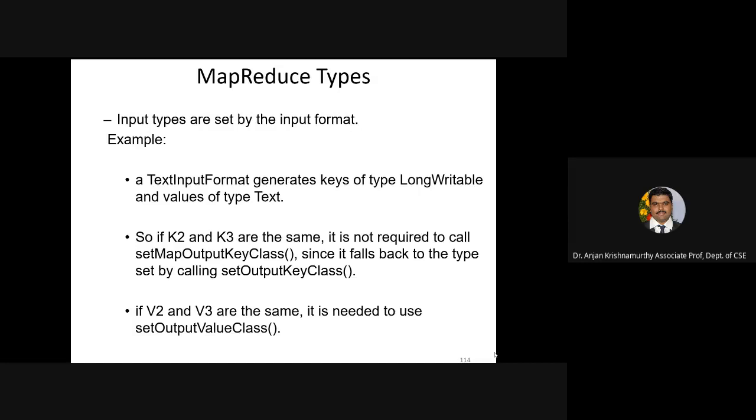If V2 and V3 are the same, then there is no need to call setOutputValueClass, right? These are some of the settings you need to understand with respect to the input types.